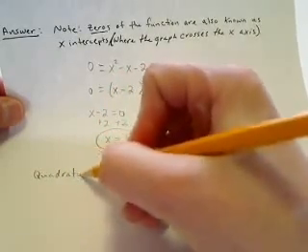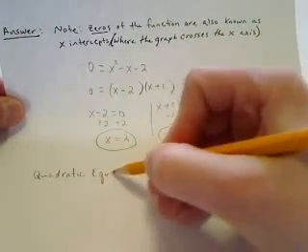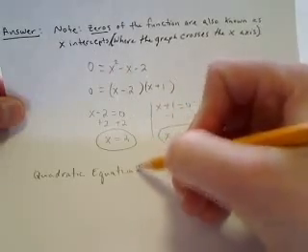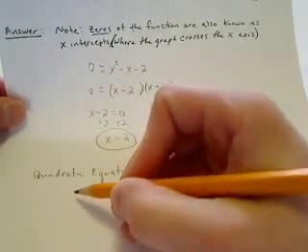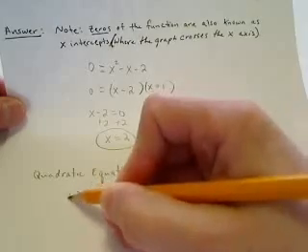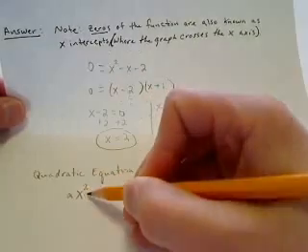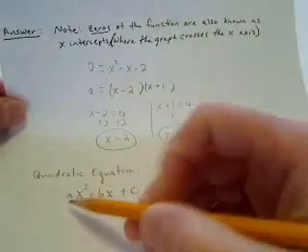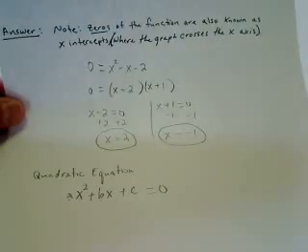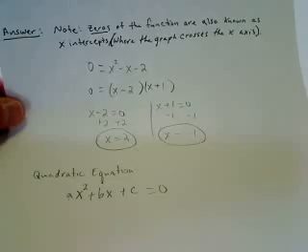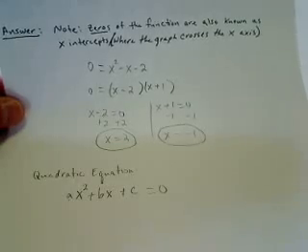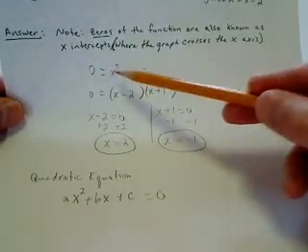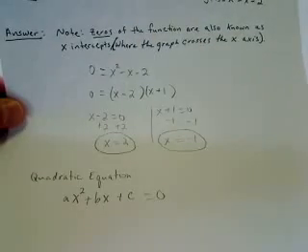The quadratic formula works as long as we're in the quadratic format, ax squared plus bx plus c equaling 0, where a, b, and c are just numbers, positive or negative. Our equation is in that form: x squared minus x minus 2 equaling 0.